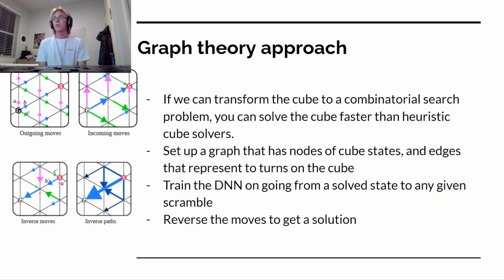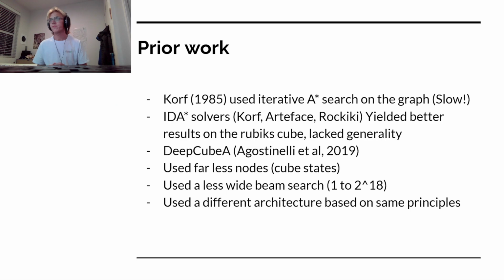So then we can train the neural network to go from any solved state to any given scramble, which is just like a messed up cube. And then if we can go from any solved state to any given scramble, we can take any given scramble and reverse all the moves we took to get there to get the solved state back. So that's how we're actually going to solve the problem.